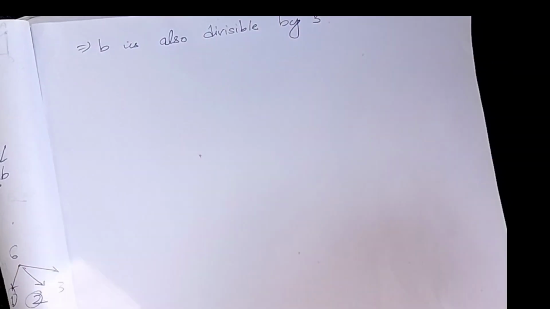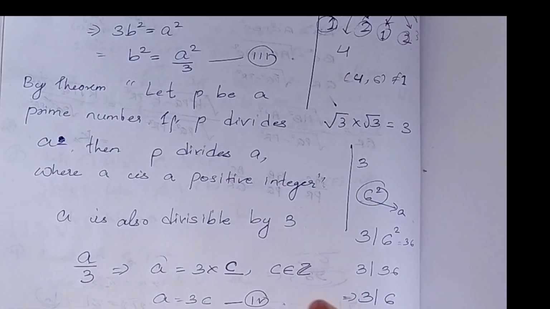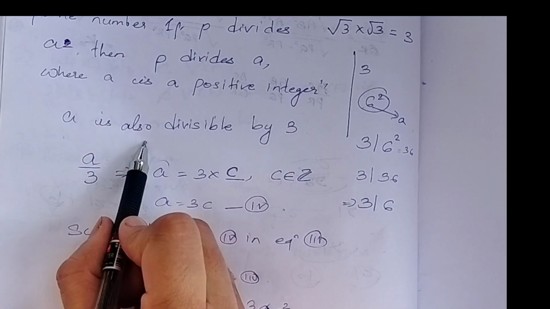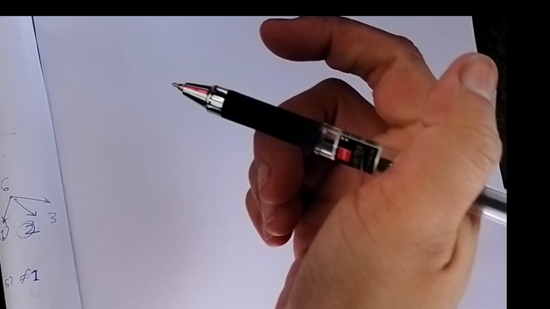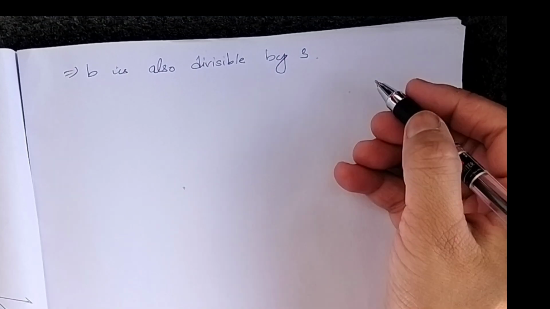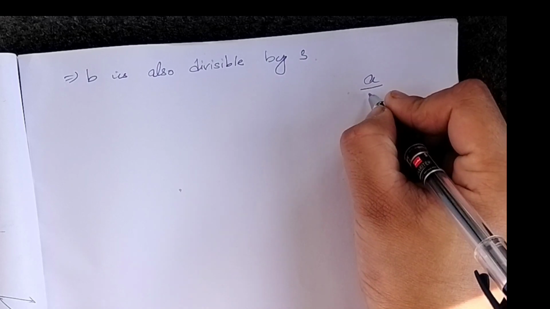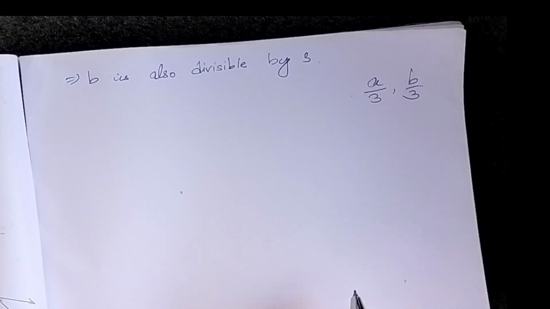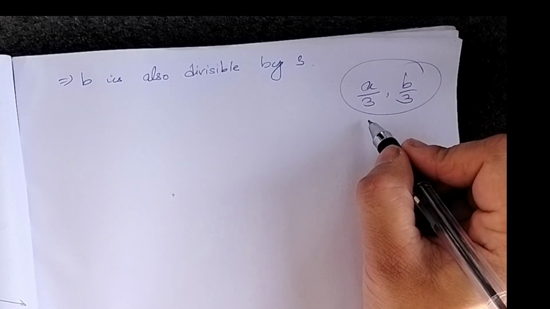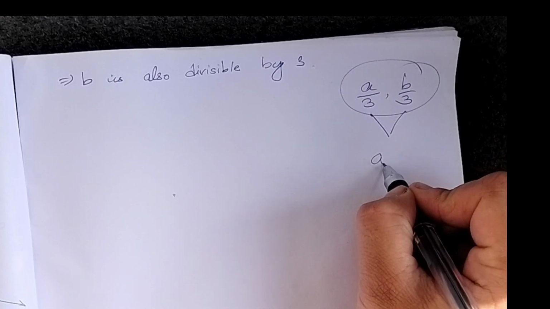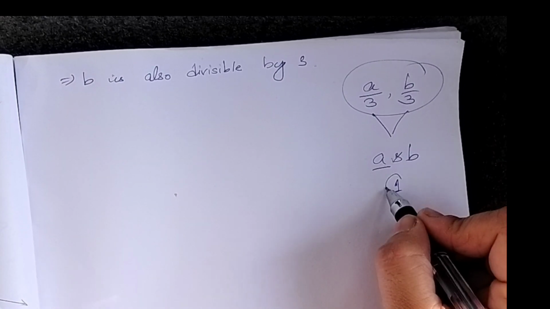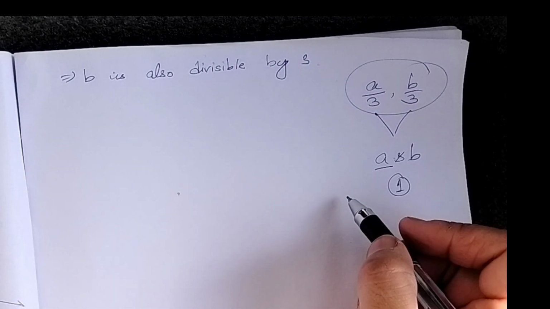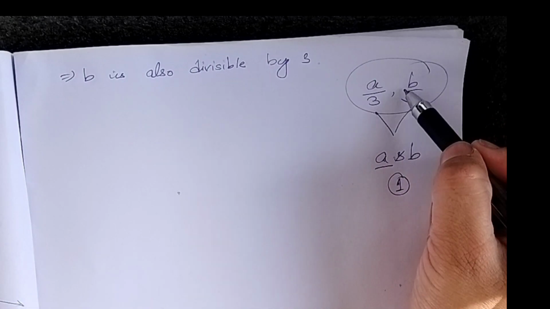Now see here, a is also divisible by 3, and here b is also divisible by 3. So a is divisible by 3 and b is divisible by 3. But we have already assumed that a and b have common factor only 1, not more than 1. But here we can say that a and b are both divisible by 3.